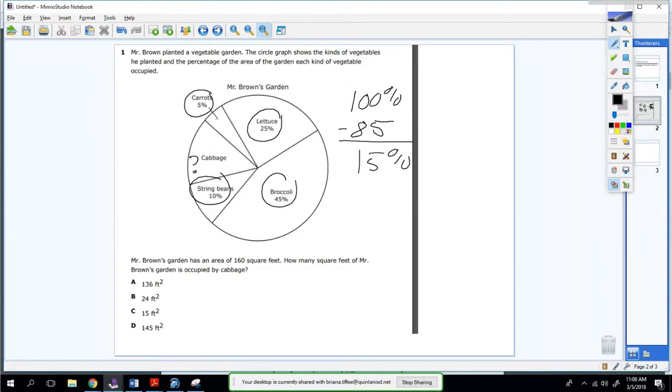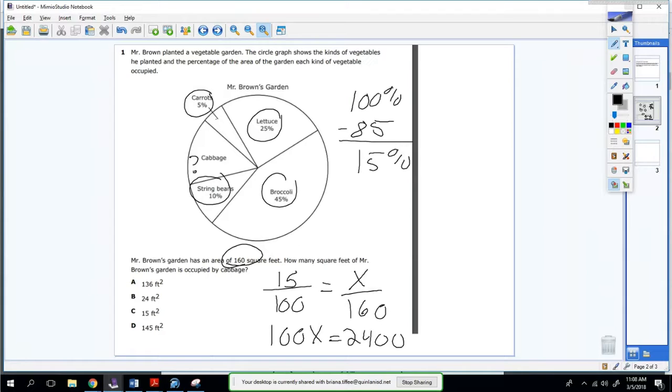Cabbage represents 15%. So it's 15% out of 100%, which is going to equal X over 160 because his total square feet is 160. Now we can cross multiply. So you get 100X and you're going to do 15 times 160, which let me do it real quick, is 2,400.